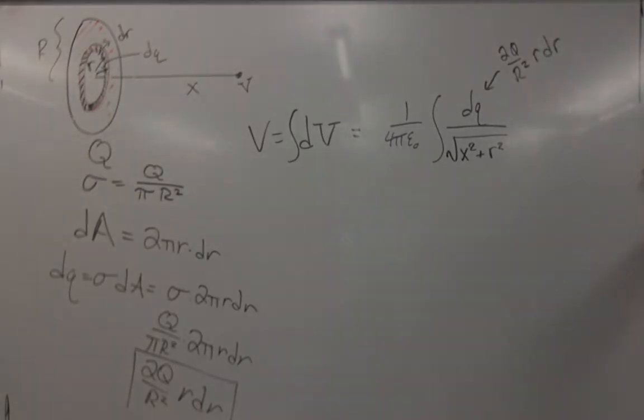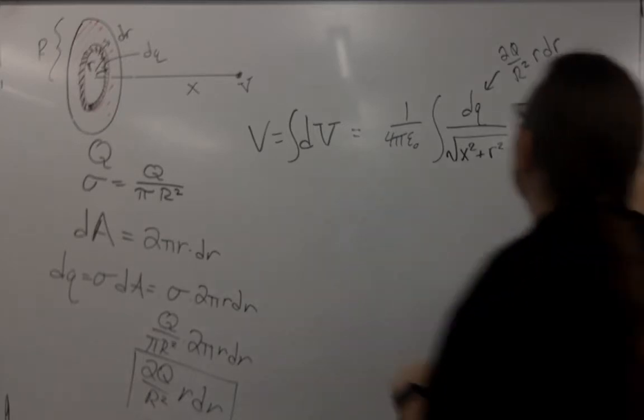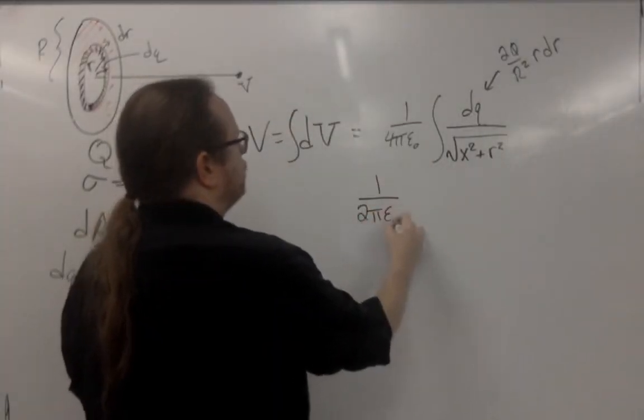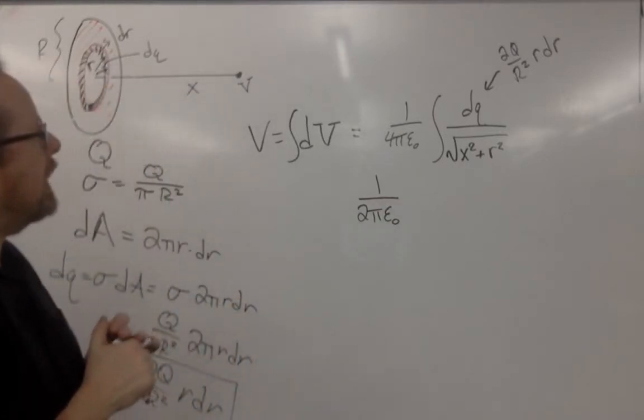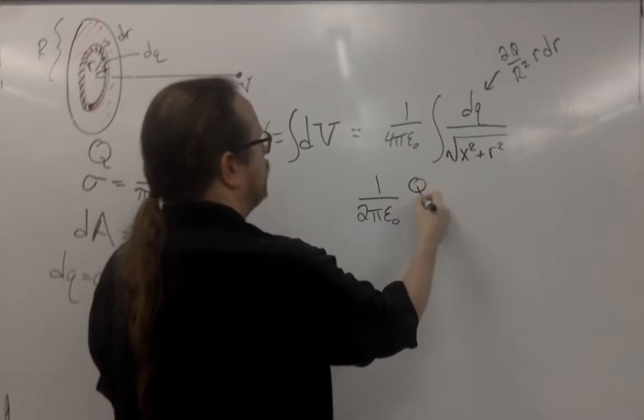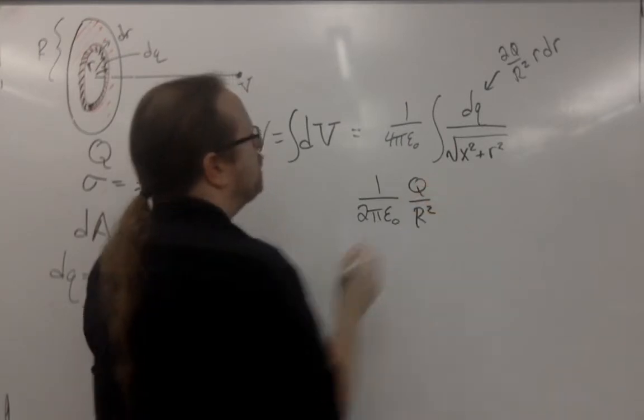The only one of those things that is a variable is little r. Capital R is a constant. Q is a constant. So we pull those out front. We will have 1 over 2 pi epsilon 0. We've still got a big Q. I'll just separate these out. Q over R squared.